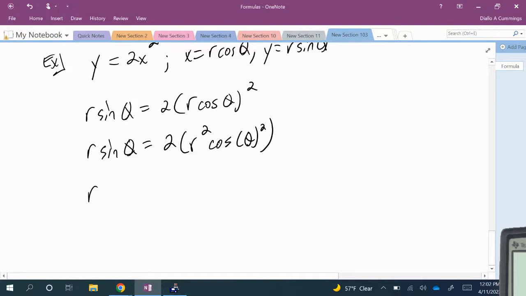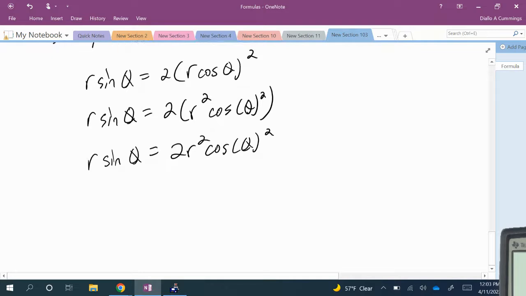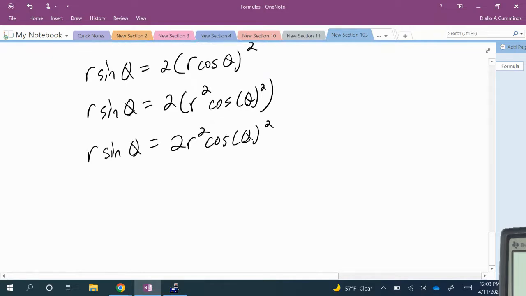So we have r times the sine of theta is equal to 2r squared cosine theta squared. I'm going to divide both sides by r. So we have sine theta is equal to 2r cosine theta squared.